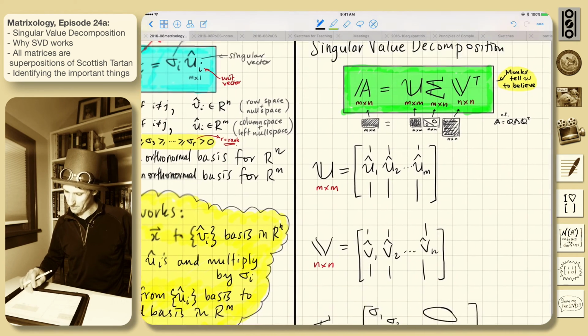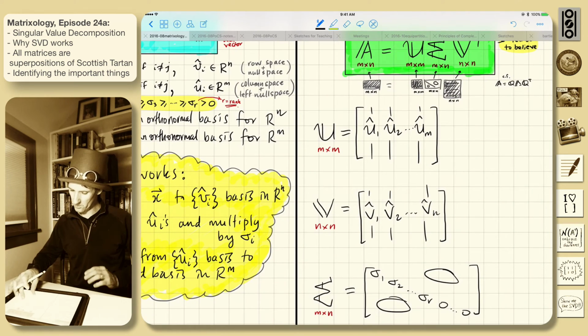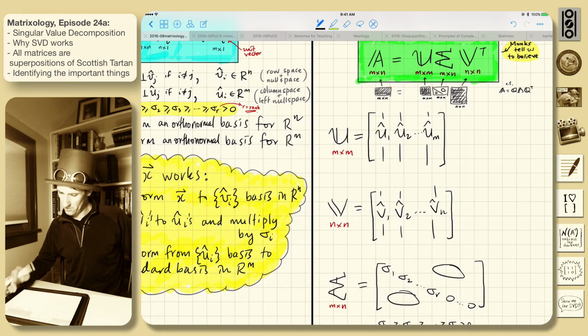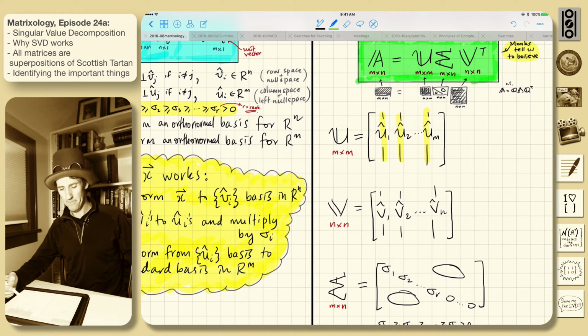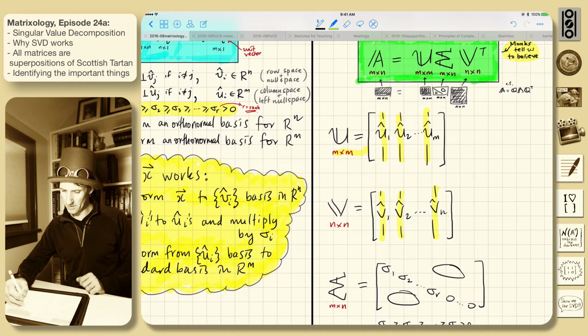So what do these things look like? Monks are just telling us this is true, right? Okay. So U is this orthonormal basis for Rm. It's m by m. V is the orthonormal basis for Rn, right? It's where the x's live. X lives here.